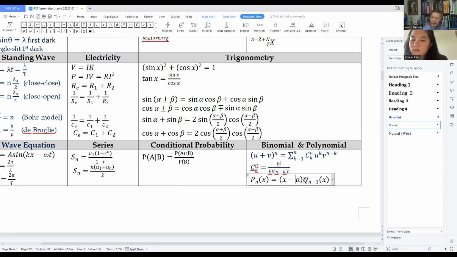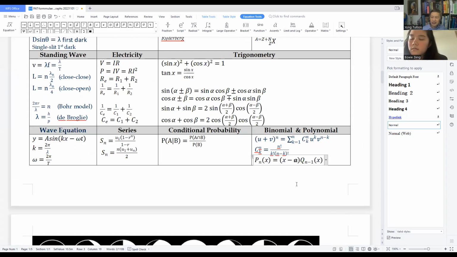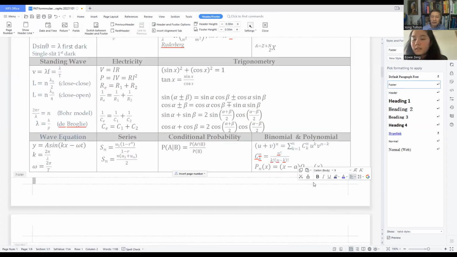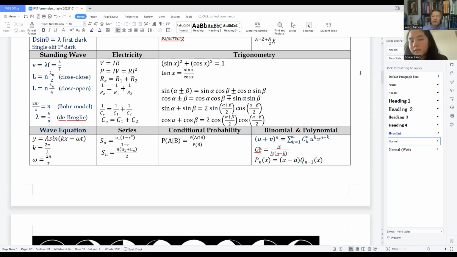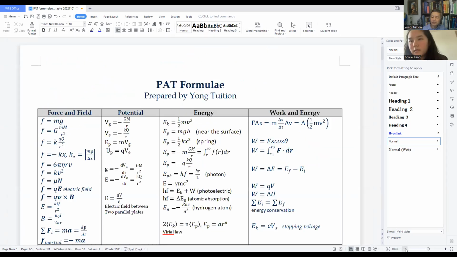For example, if A is a root, then you can reduce this from cubic to quadratic. Once you've got a quadratic, you can easily use the quadratic formula to solve the question. That is the formula I prepared based on the scope of this test.